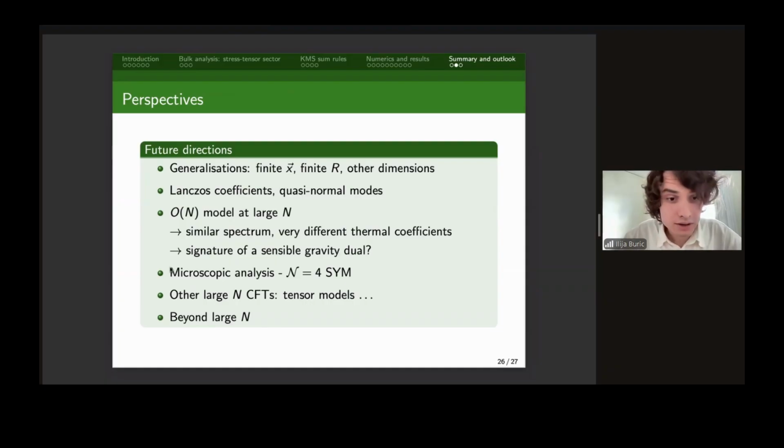Also, an outstanding question is to understand these results from a purely field theoretic analysis, maybe in N equals 4. This would be quite interesting, but it's probably very hard. And then also to explore other CFTs, particularly at large N, and see which properties that we have here will be modified and which will remain.